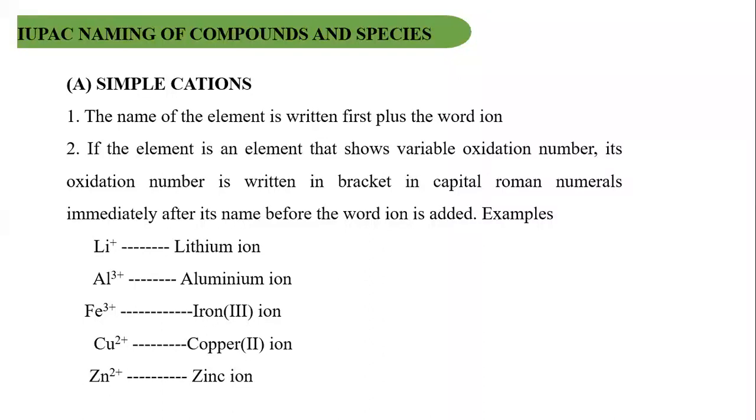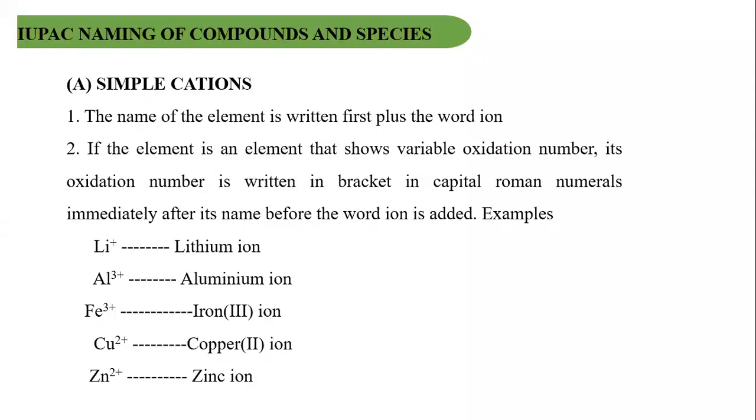No, that's wrong. I've also seen in some books, with aluminum, some people are just so confused with these rules. So they say aluminum(III) carbonate, aluminum(III) chloride, and I'm sure you've come across some of those before. That's also wrong, completely wrong. Aluminium is not an element that shows variable oxidation state.